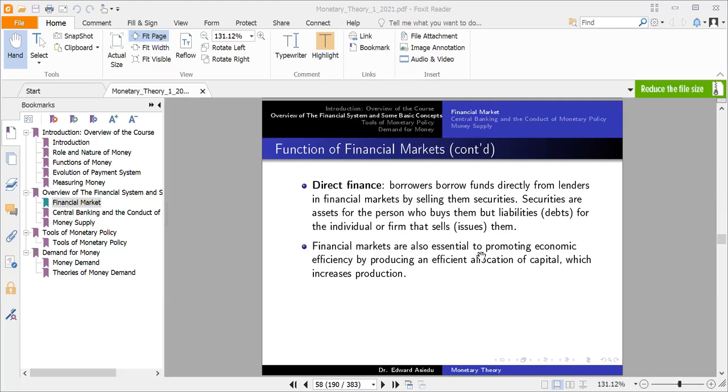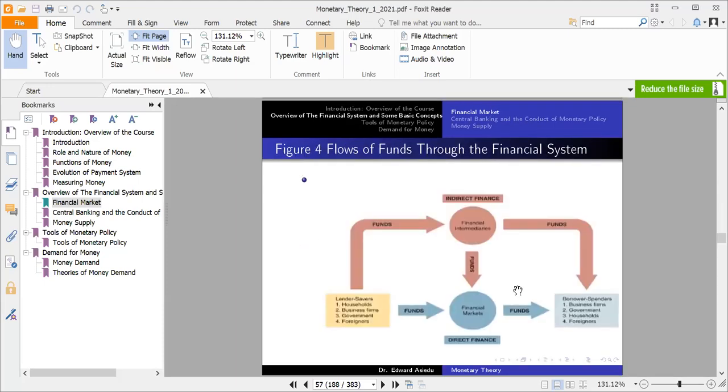Financial markets are also essential to promoting economic efficiency. If you go back to the previous slide, you can see that funds go through the financial system, and these guys in the financial system have to allocate the funds to the borrowers. I will come back to that.